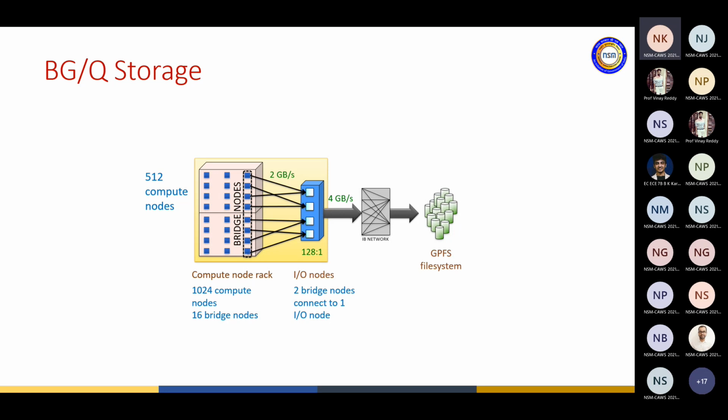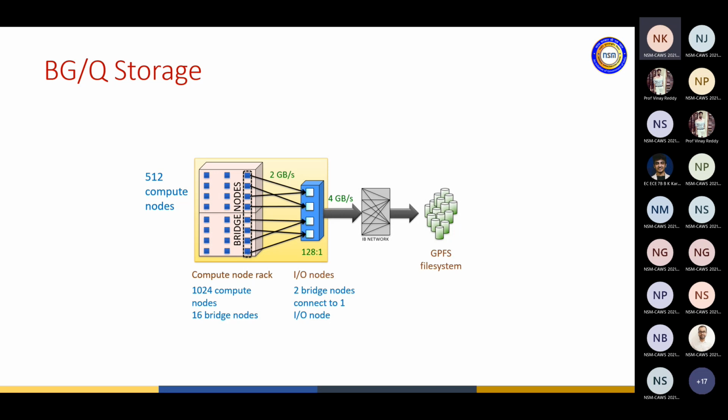We have already learned a little bit about BlueGene/Q, so I continued with that. In BlueGene/Q, we have one rack here. They have a compute node and an IO node separately, which forwards the traffic.